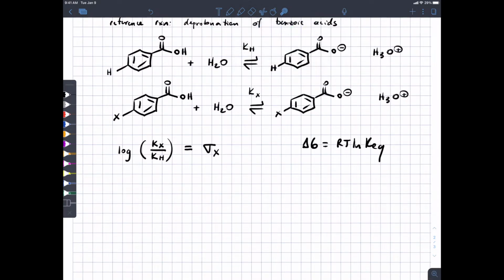Do you think it should be easier or harder to deprotonate benzoic acid if you had methoxy here instead of hydrogen? What do you think? So what's the argument for difficult and what's the argument for easier?